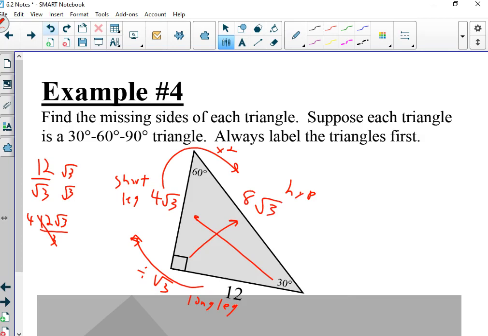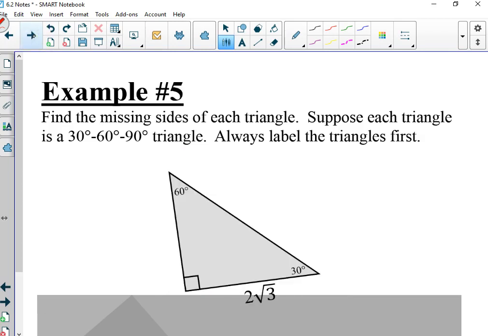So again, we're given the long leg. We know the short leg times radical 3 gives us the long leg. So we go backwards and divide by radical 3. We can't have this on the bottom, so we rationalize it. Then we simplify, and that gives us our short leg. At that point, we multiply by 2 to get our hypotenuse. Okay?